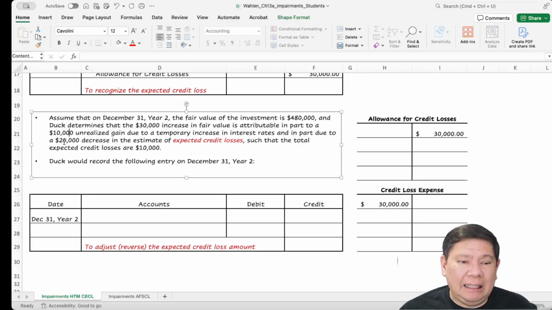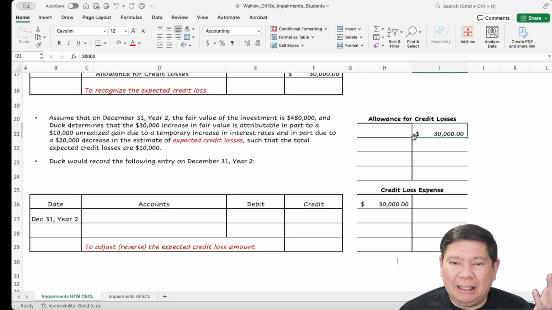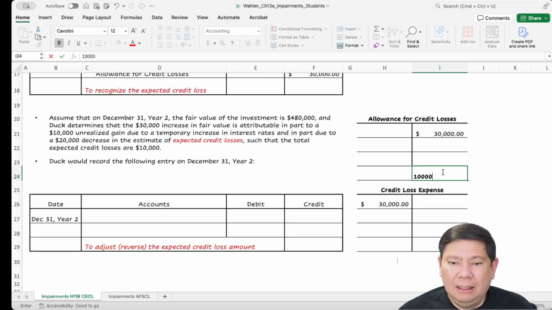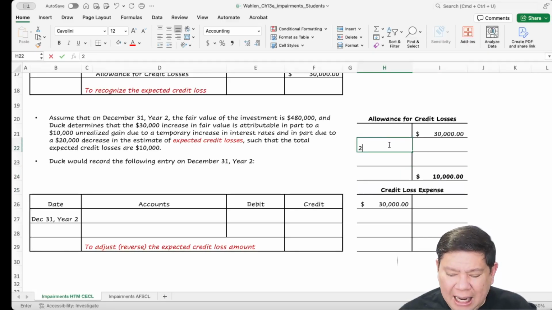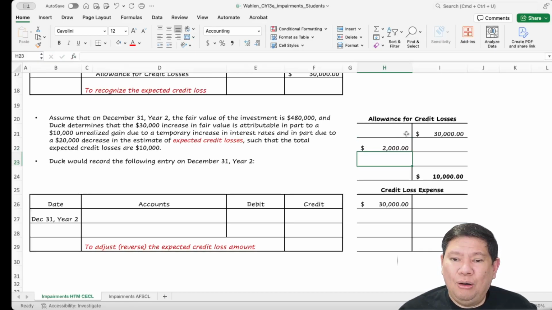And the $20,000 increase is a result of the decrease in the expected credit loss. So the expected credit loss, maybe the company is getting better. The expected credit loss is now only $10,000, a $20,000 decrease from year one.